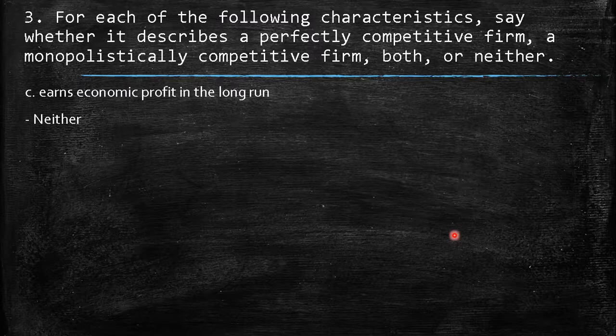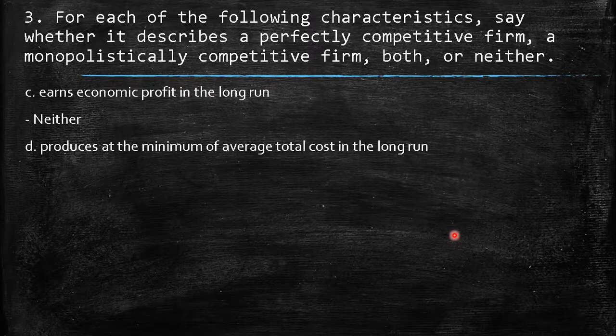In the end, everyone should be at the point where price equals marginal cost, and then at the end of the day, no one will earn economic profits, different from the accounting profits that we discussed in previous chapters.